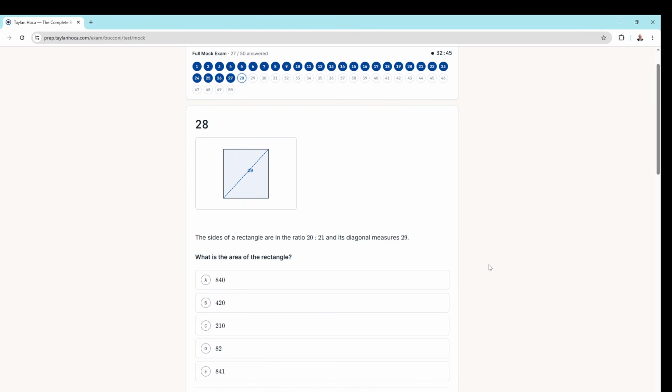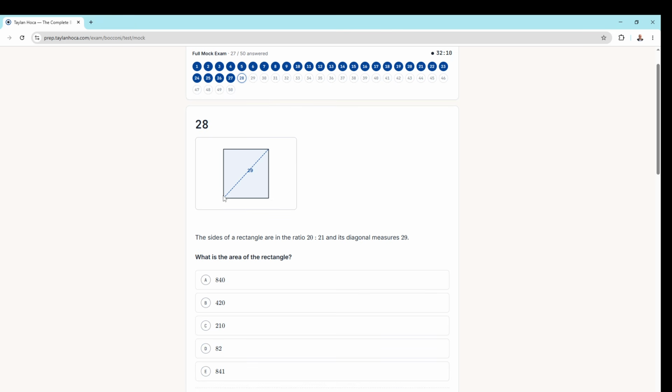The sides of a rectangle are in the ratio 20:21, and its diagonal measures 29. What is the area of the rectangle? So it must be, I think, 20:21, and so this is a right triangle. 20 times 20 is 400, 21 times 21, what is that? This is 441.